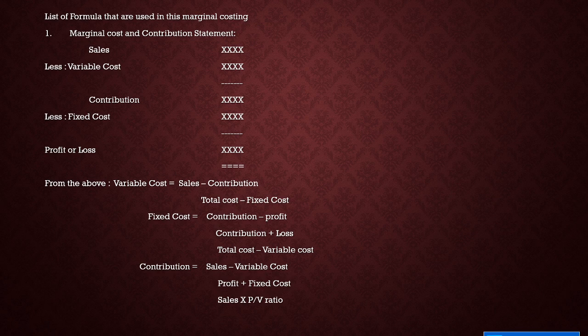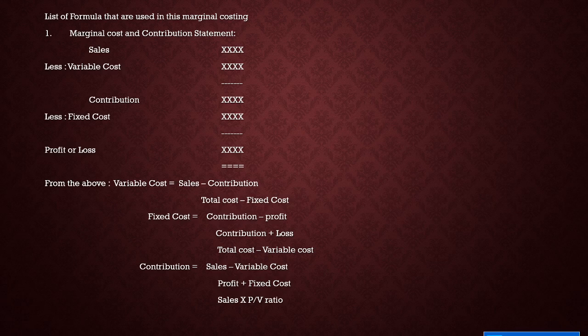It can be found in the other way. Then how to find the fixed cost from the above statements. Fixed cost can be contribution minus profit, or contribution plus loss, or total cost minus variable cost. As I said, for variable cost, total cost minus fixed cost will give you variable cost. The same way, total cost minus variable cost will give you fixed cost.